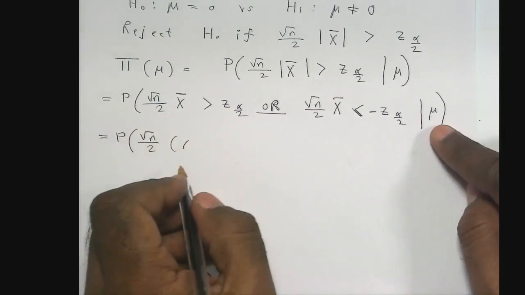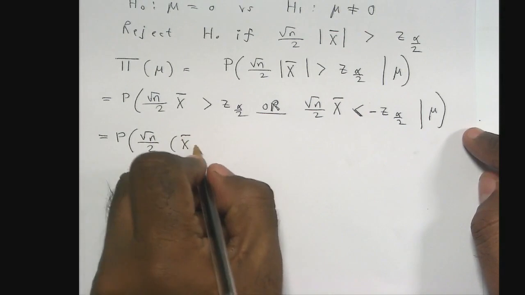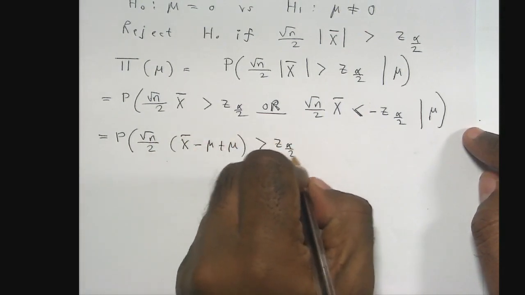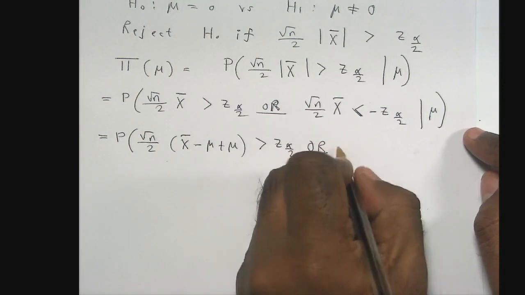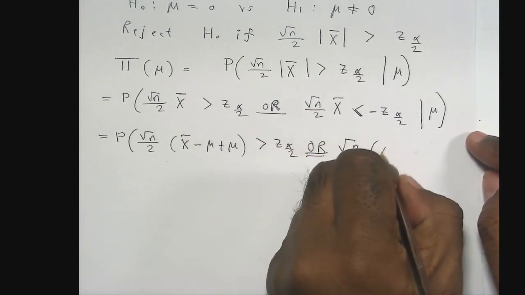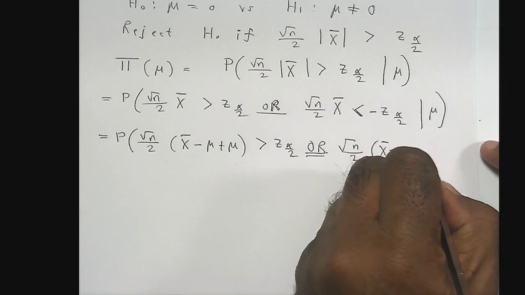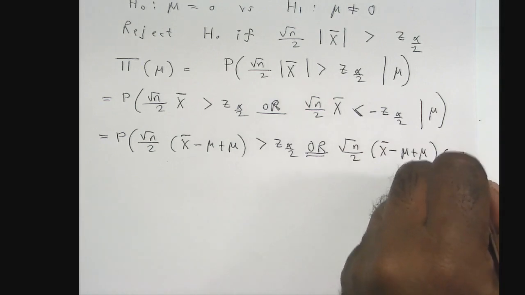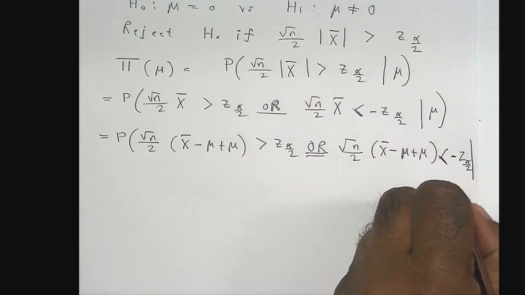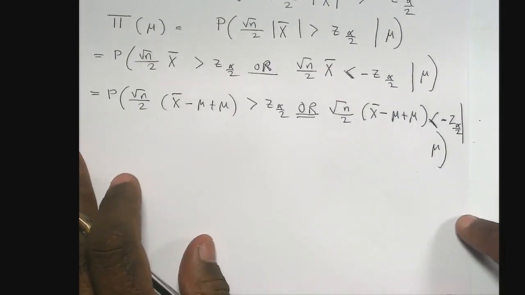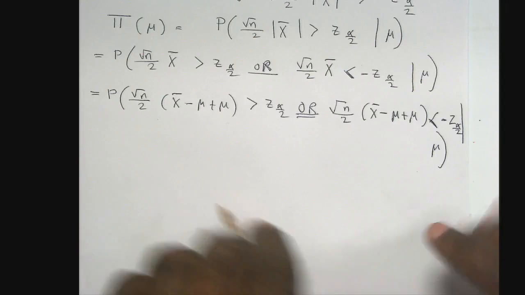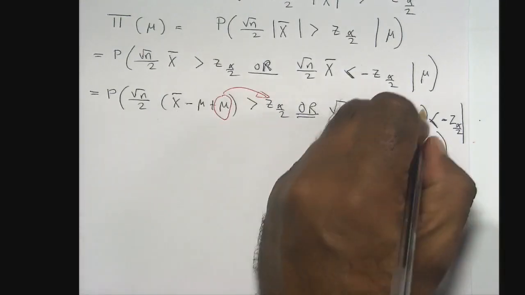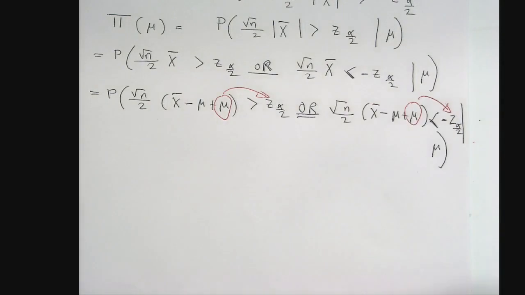Because the true population mean is mu, I'm going to subtract mu and add mu. This is what you get. Now the next step, I'm going to move this to this side, and this to this side.